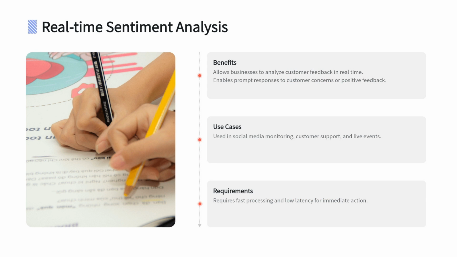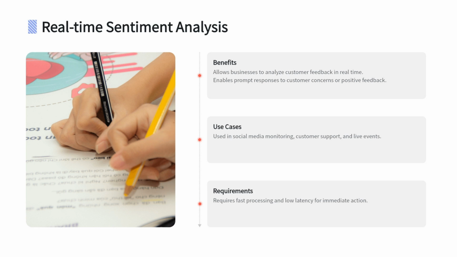Real-time sentiment analysis is crucial for businesses and organizations that need to monitor public sentiment and respond swiftly. For example, in social media monitoring, brands can track mentions of their products and quickly identify when negative sentiment spikes, enabling them to address customer complaints in real time.